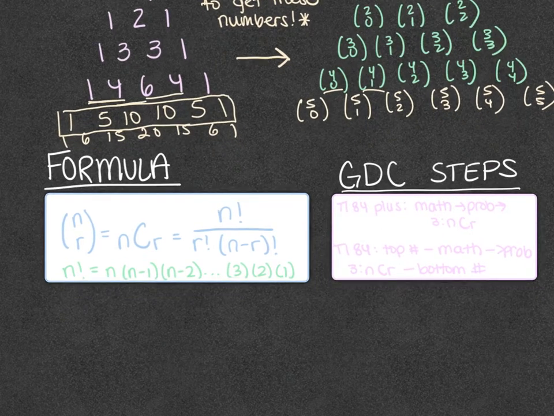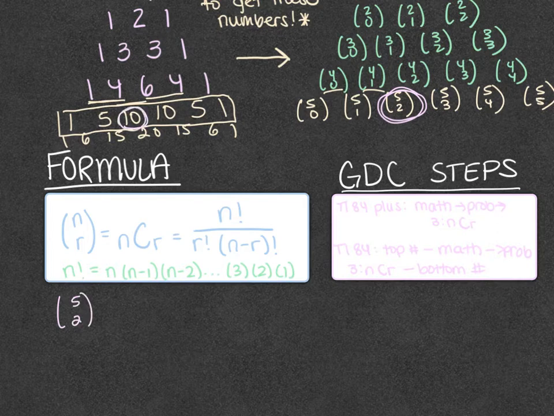So for the formula, let's say I wanted to look at this one right here, 5 choose 2. We should know, because we've already expanded it out, that it should equal 10. So let's look at how this formula works. In your calculator or on paper, you'll often see it with the C, which stands for combination.